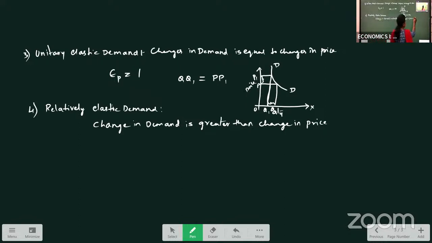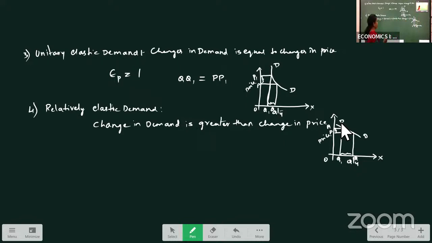Just see the graph, you can understand this. On x-axis quantity and on y-axis price. OP is the price and OQ is the quantity demanded. Demand changes are greater, but price changes are less. So, a small increase in price may lead to a greater increase in demand. Now P1 change is less, but Q1 changes are more here.